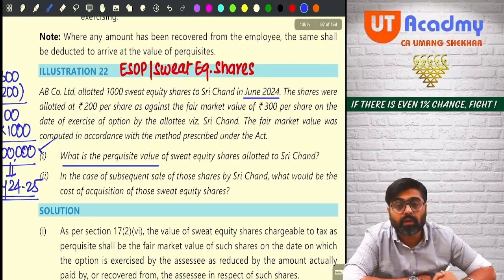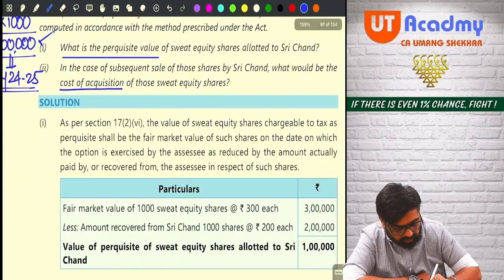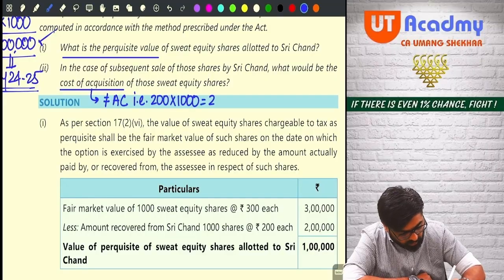Now, in the case of subsequent sale of these shares by Srichand, what would be the cost of acquisition? So you are supposed to write down to determine the cost. The cost of acquisition will not be equal to the actual cost, that is 200 into 1000 equal to 2 lakhs. You are not supposed to take this 2 lakhs.